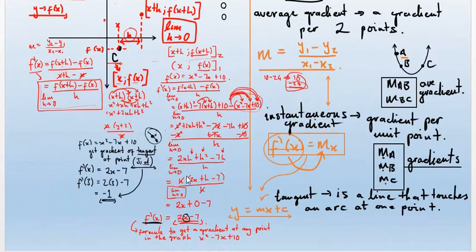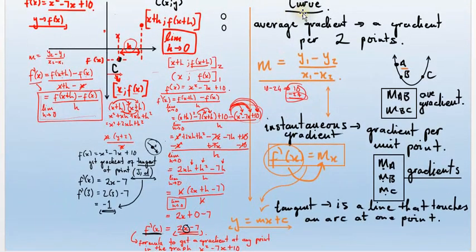Now the next has a lot of information really. We started with definitions. Average gradient per 2 points or more, but normally you use 2 points anyway because the formula has 2 points, and that means you'll be getting an average gradient out of anything so long as you have 2 points.